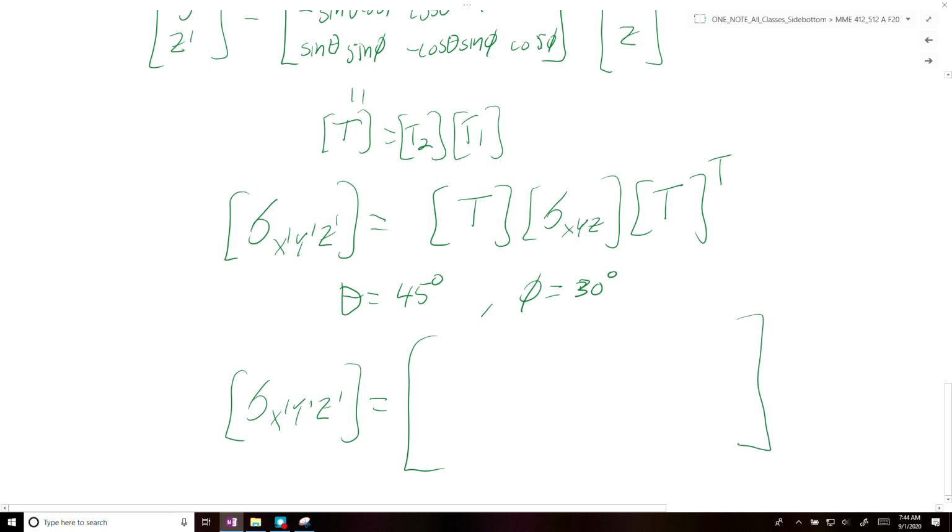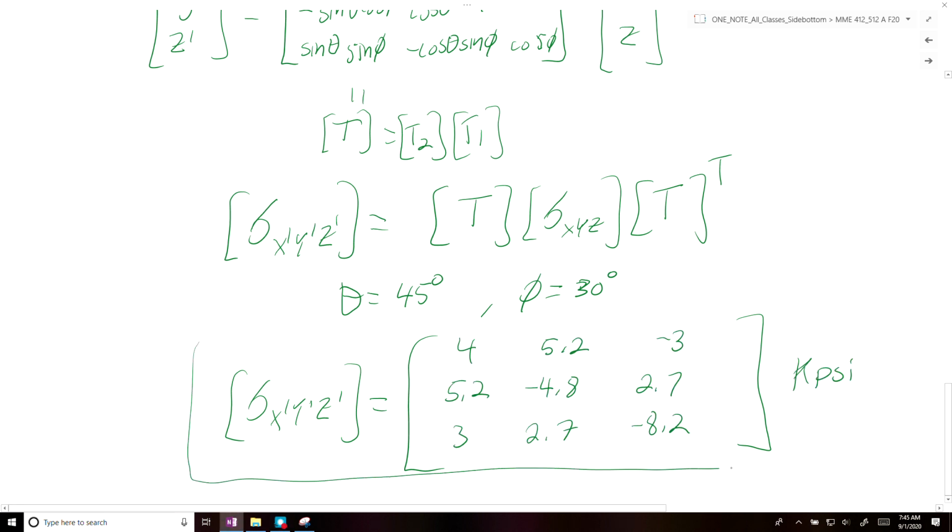I'm going to pause the video for a second so you can copy down the values. This is our final stress matrix in our new x prime, y prime, z prime coordinate system.